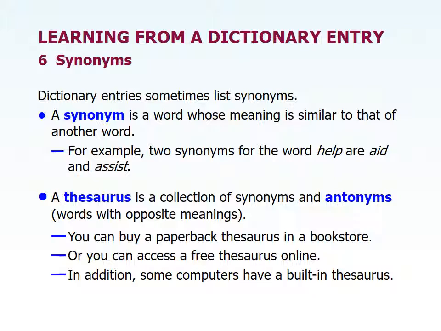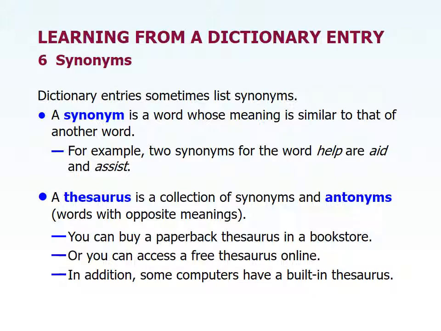Synonyms can be useful if we're trying to write something in our own words without using the same words as an author. There's also a special type of dictionary which is called a thesaurus, which doesn't really have definitions. All it has is synonyms and also antonyms, which are words that mean the opposite. You can get a paper dictionary, or there's certainly a lot of apps with thesauruses as well.